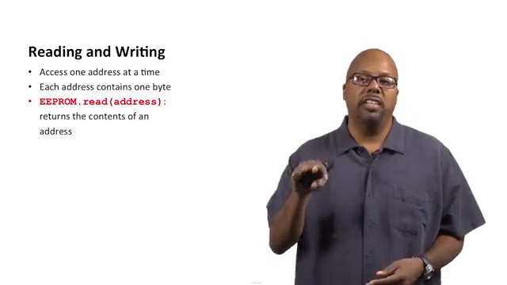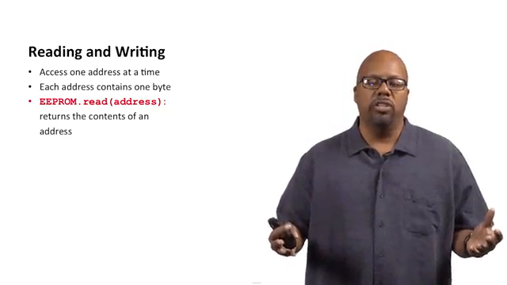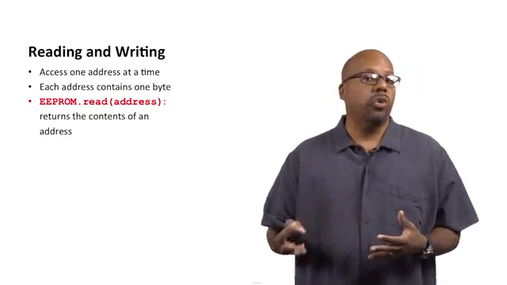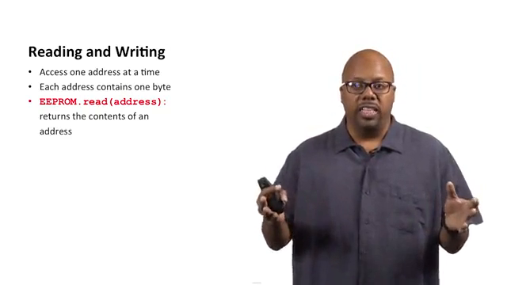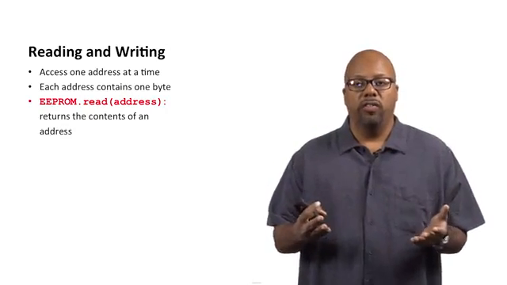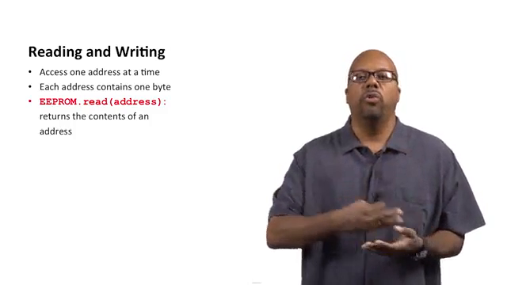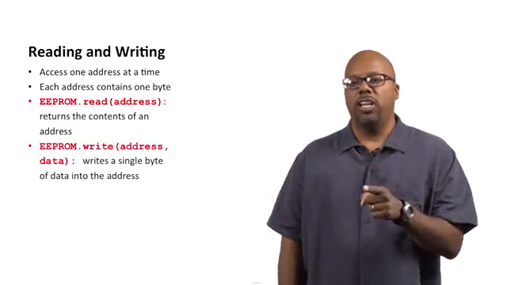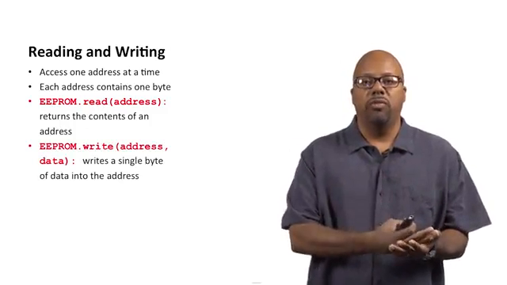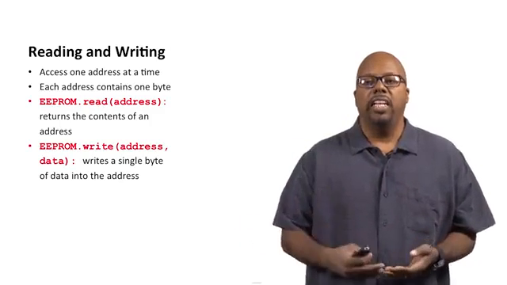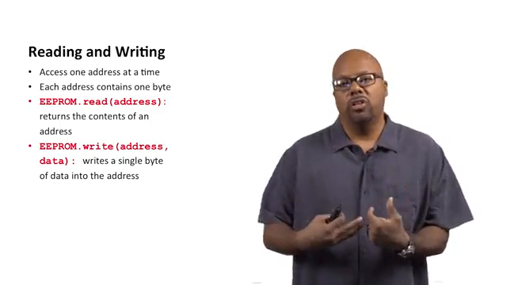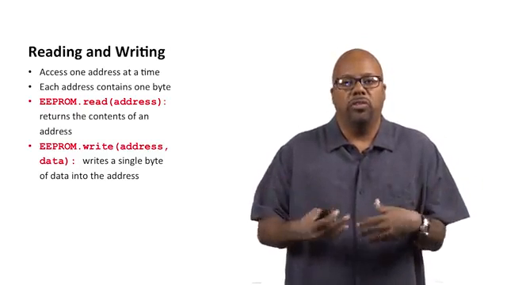That function returns the contents of that address. All the addresses are numbered. Since there are only 1024 locations in the memory, they're numbered 0 through 1023. So that address argument can be any value from 0 to 1023, and EEPROM.read will return the contents of that address, a 1 byte value.